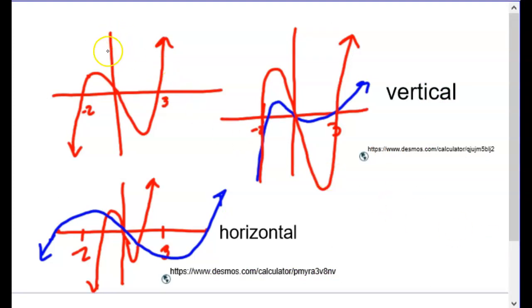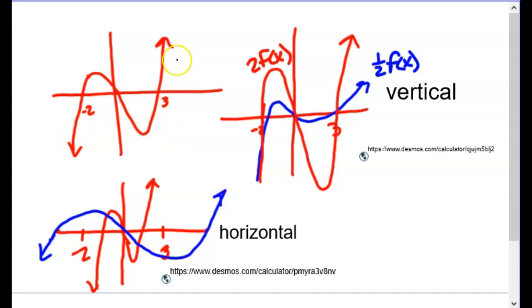Okay, one more time. If this was the parent function, and I made it 2f of x, it would stretch vertically. If I made it 1/2 f of x, like the blue one there, it would compress vertically.